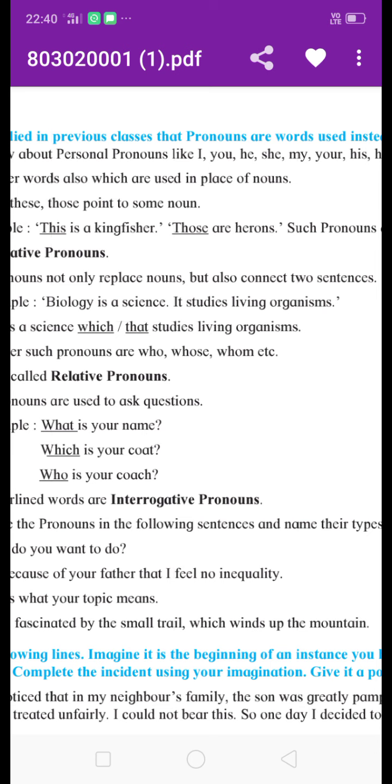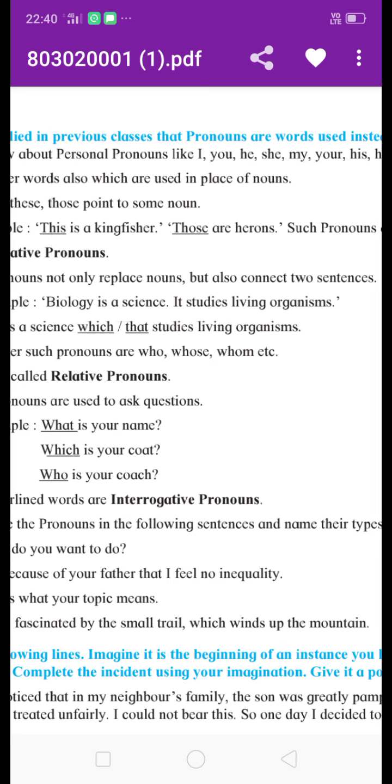Those is the demonstrative pronoun and belts is the object here. In this way we use the pronoun. These and those we use for plural objects, and this and that for singular.